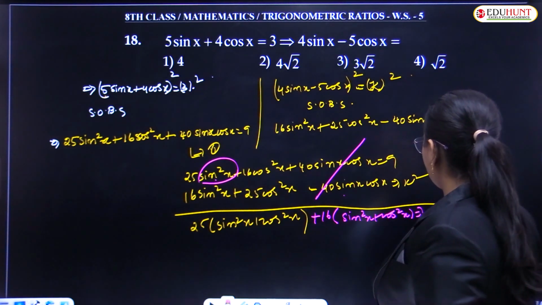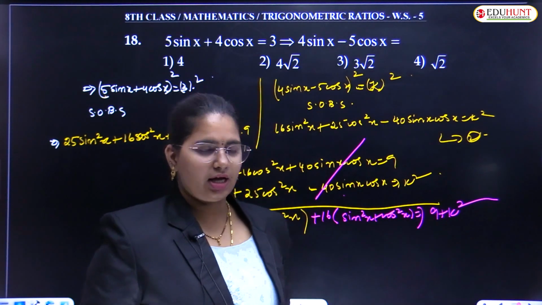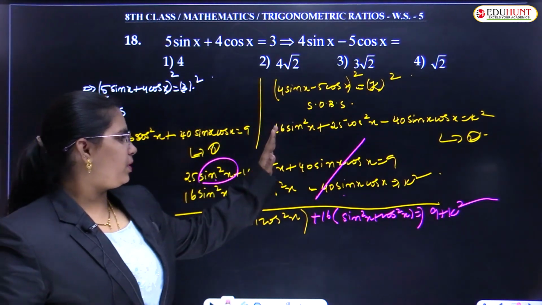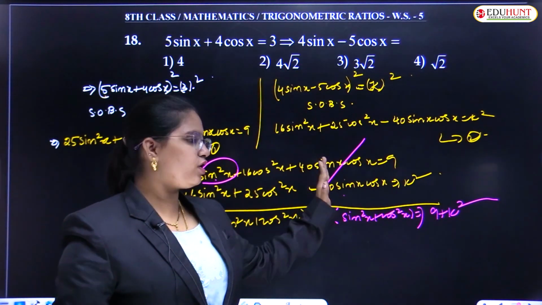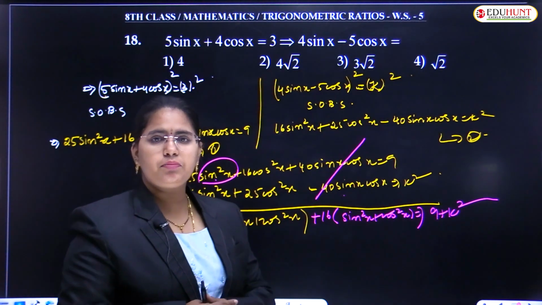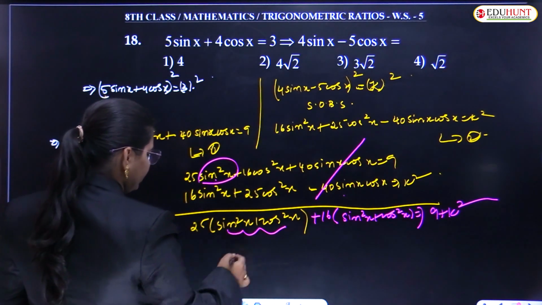So this side it will become 9 plus k square. Am I clear with the step? I have just added both equations, plus 40 sin x cos x minus 40 sin x cos x will cancel. So you are left with 9 plus k square, right? And this is a trigonometric identity.